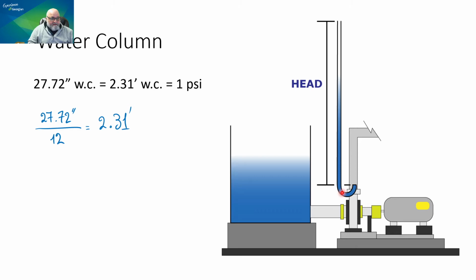All right. So when we say the head pressure is this many feet of water, what we mean is, let's say the head pressure is 5 feet of water column. What we're saying is this pump can send that water in this pipe 5 feet high.